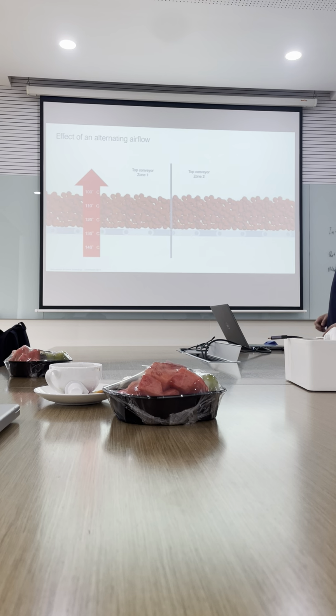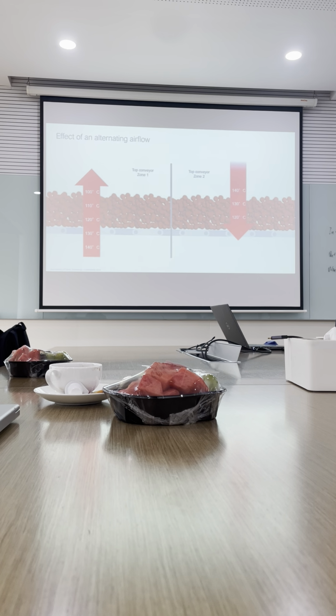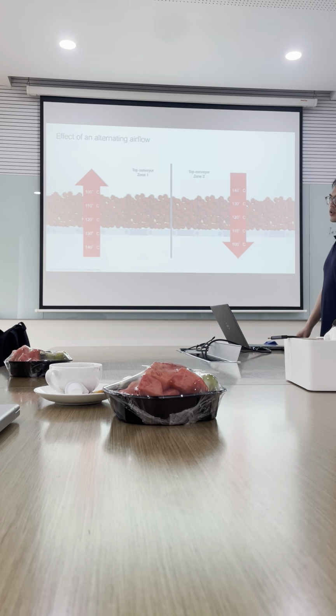We already provide alternating airflow in the dryer, because if the airflow direction is always the same, say upflow, the bottom can be dried fast, but the top may have slightly higher moisture.